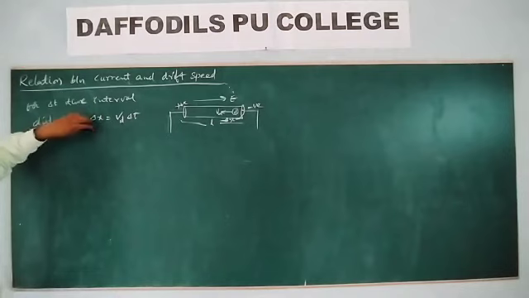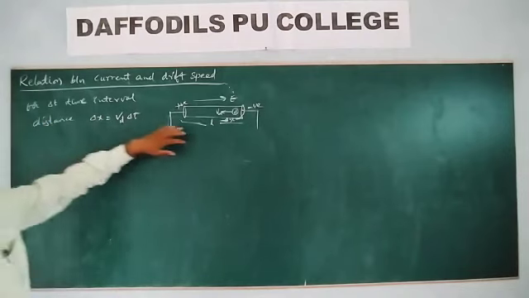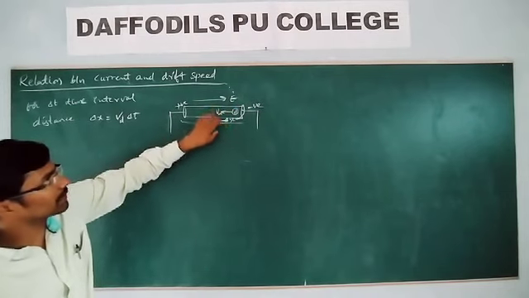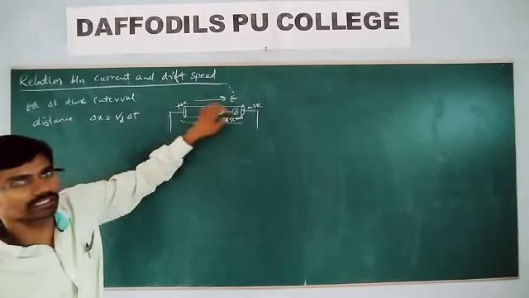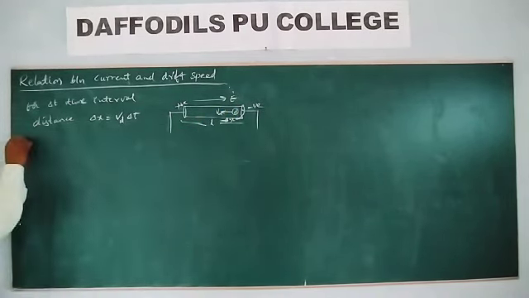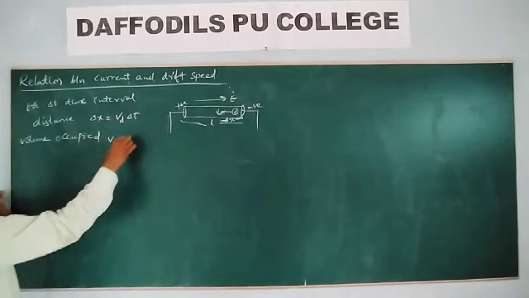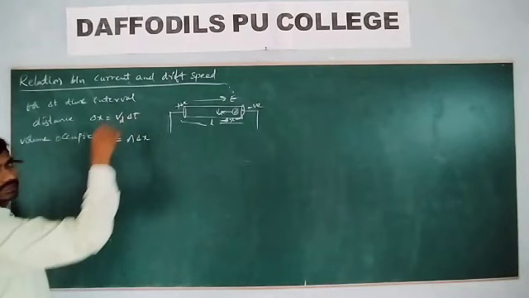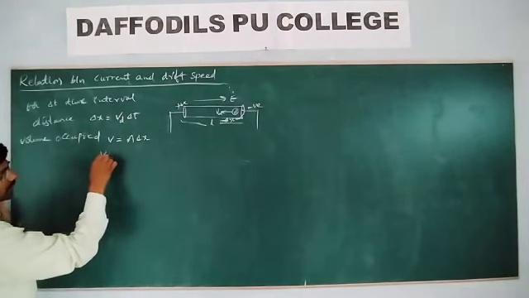But within this distance, how many electrons will be there? The volume occupied is equal to the area of cross section of this metallic conductor into the distance traveled. Then what can we write here?